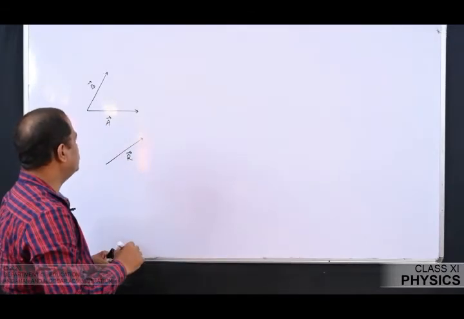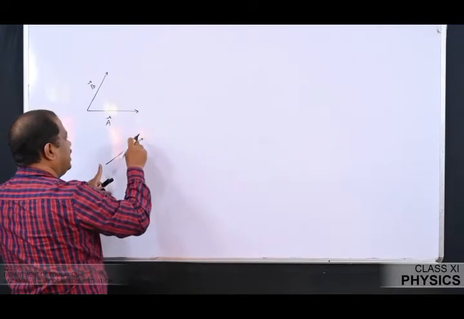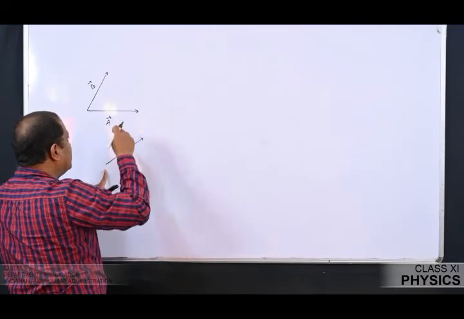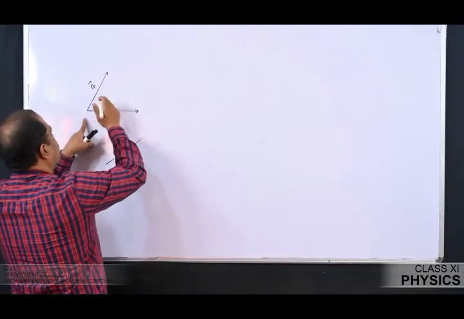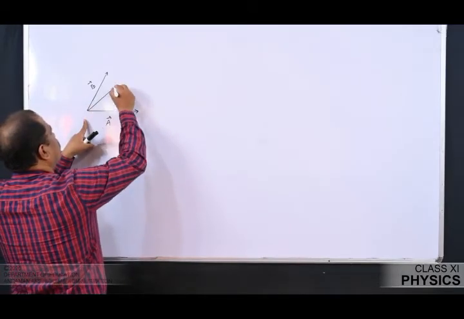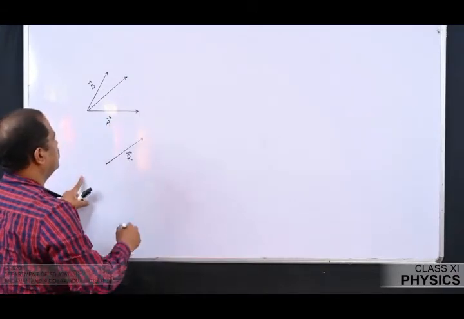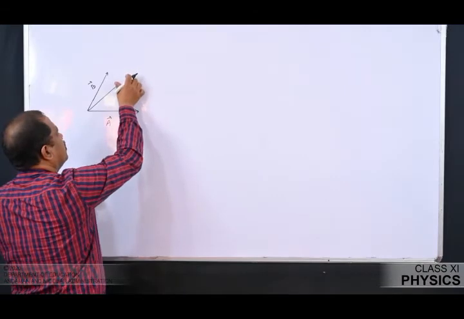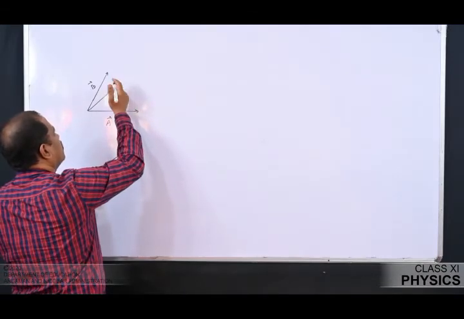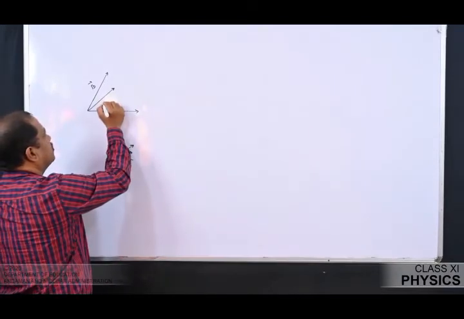Now, what it says is that this R can be expressed in terms of A and B. How? See, please, if I shift this vector over here parallelly, so this will be my vector. Rather, to make it more understandable, let me take the magnitude to be smaller like this. So this is vector R for me.